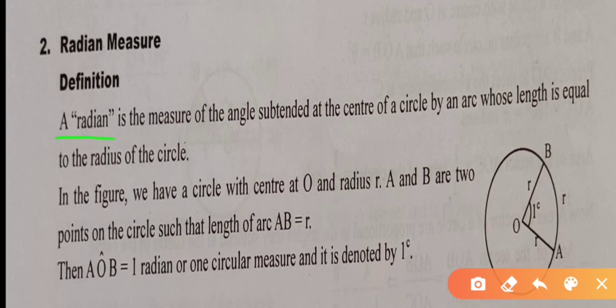A radian is a measure of an angle subtended at the center of a circle by an arc whose length is equal to the radius of the circle. Already a circle is there here. A radian is a measure of an angle subtended at the center of a circle by an arc whose length is equal to the radius of the circle.